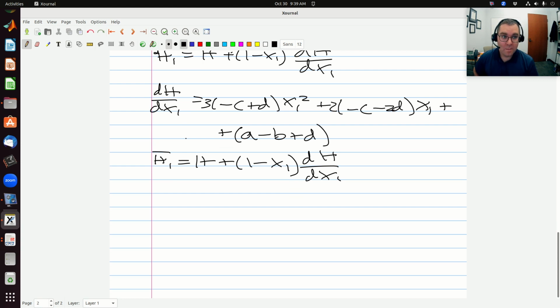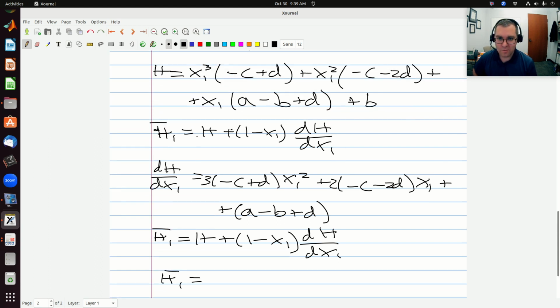I could do limits in Matlab too, but let me get this. So now I have my expression for h bar 1. My expression for h was up here, so let me write that all up, and then it's going to be plus 1 minus x1 times dh/dx1, which is this, and then I will collect terms.